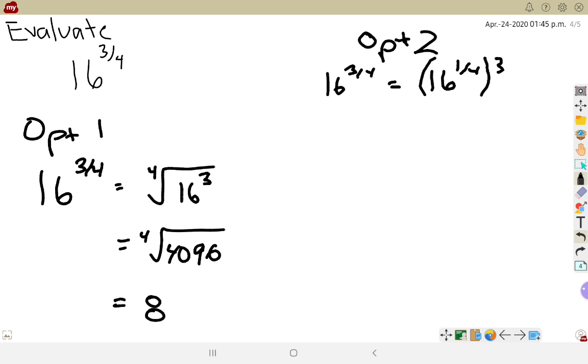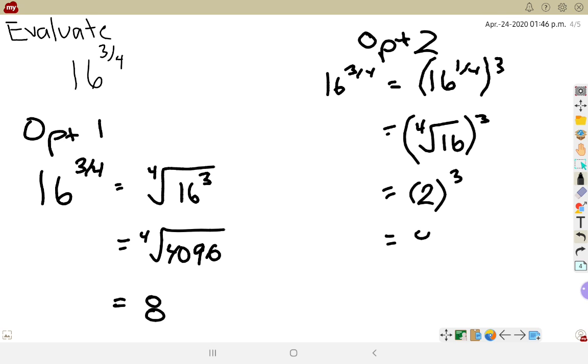Because if I've already got something to an exponent and then I have another exponent outside the brackets, I would simply multiply them. 1/4 times 3 is 3/4. So I still have the same expression. But what this allows me to do is take the fourth root of 16, which is something that I know off the top of my head. The fourth root of 16 is 2, and then 2 cubed is 8.